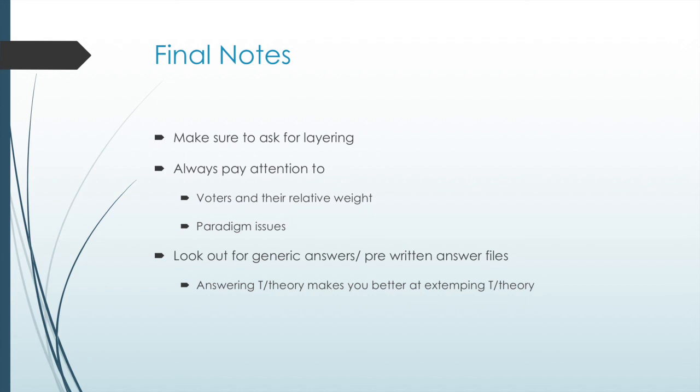So if you're somebody who is from a school that has maybe previous files from previous seasons, what they read as an answer to a certain T theory argument, or maybe you get something from the wiki or circuit debater or something older like that, you can use it as kind of an example, but I would strongly urge you not to read that in round because you're going to miss out on some of the nuances of your opponent's individual unique shell. You should only read a pre-written response if it was written to that person and their shell, because everybody will write a shell a little bit differently.